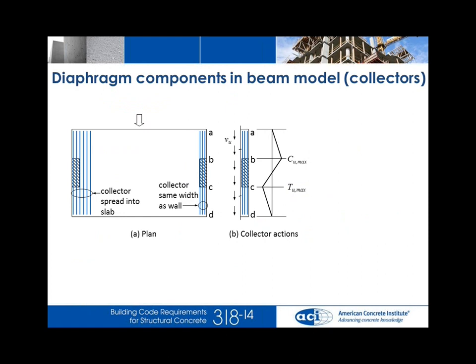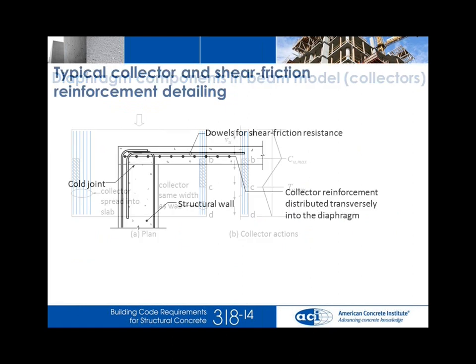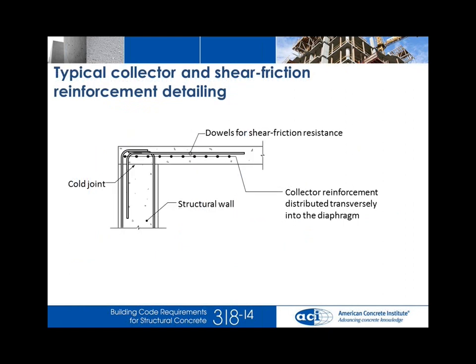It also is quite acceptable and common to spread the collectors out into a diaphragm or to have them entirely in the diaphragm, in which case that design also is discussed within the chapter. And then if the diaphragm is distributed, as shown here, then we might end up with the collector reinforcement as shown here, distributed out transversely into the slab, picking up the slab or the diaphragm forces.